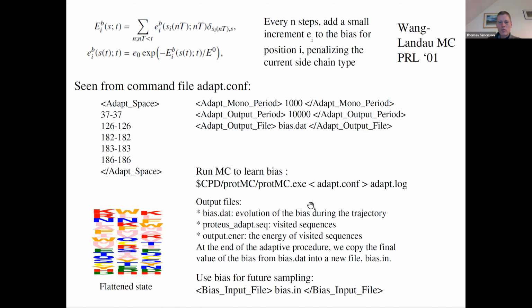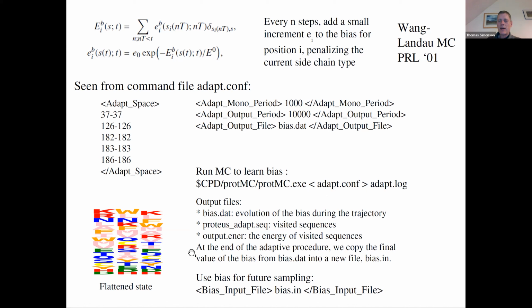So that's basically just running the protMC binary with this adapt.conf file. And one of the things it outputs is the bias all along the trajectory, the sequences that are visited.